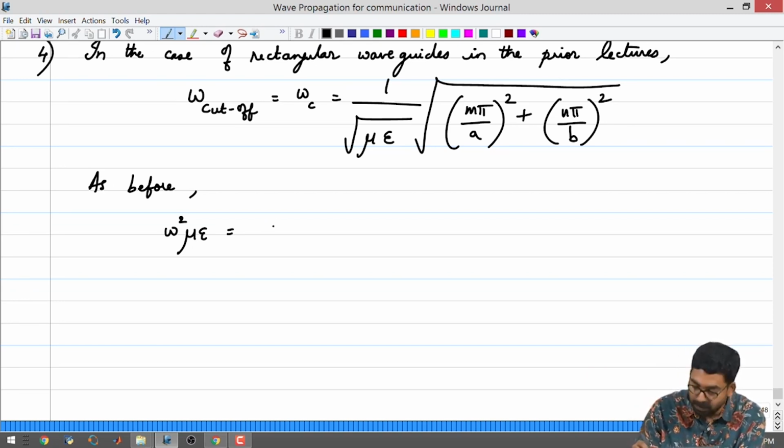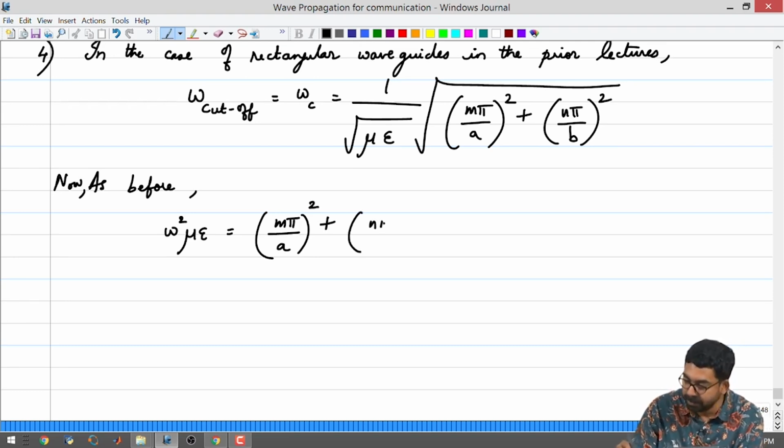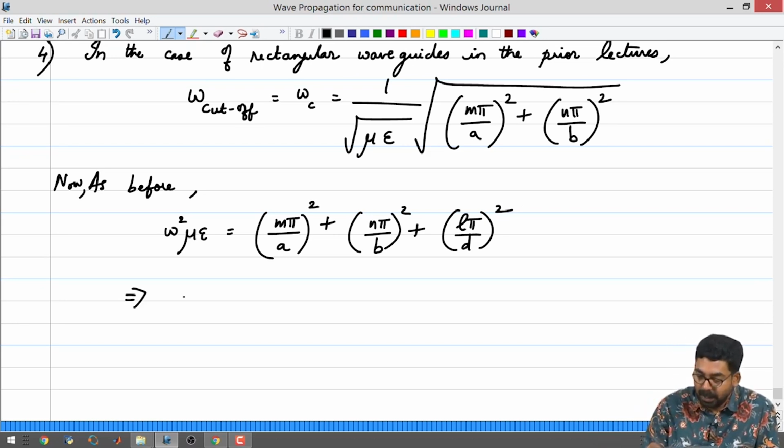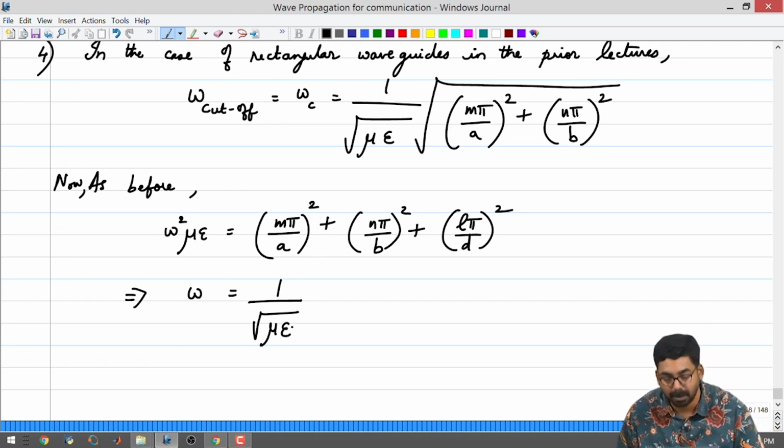So, this is going to be equal to m pi by a the whole square plus n pi by b the whole square plus L pi by d the whole square. This means that I could write down an expression for the frequency, which is going to be 1 by square root mu epsilon. Once again, mu and epsilon are the dielectric parameters.